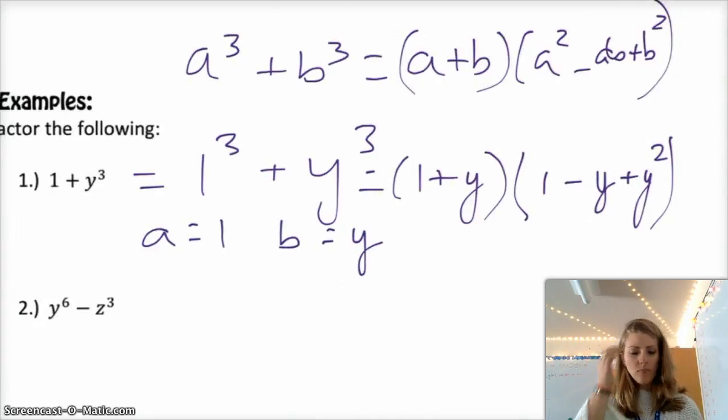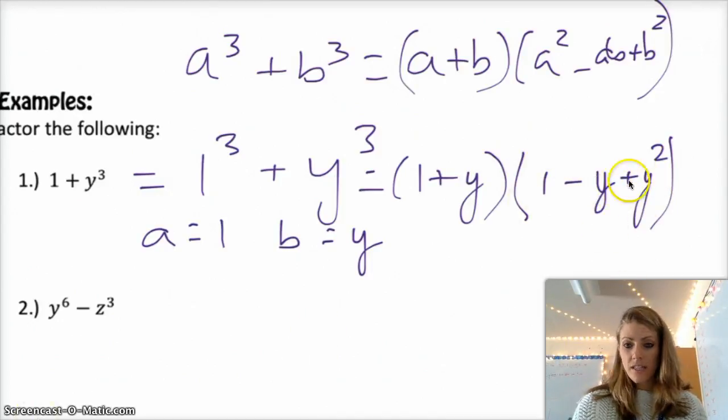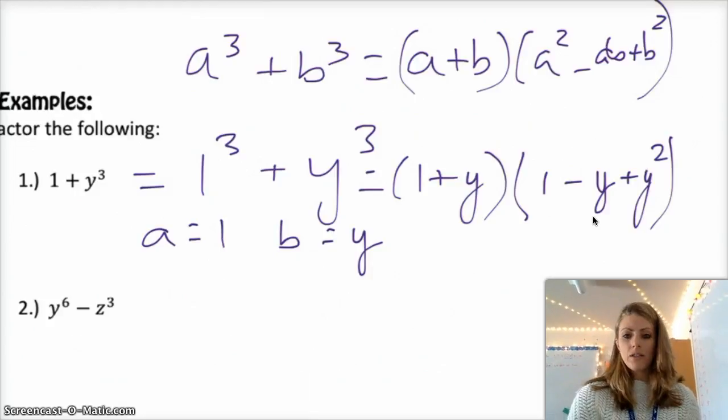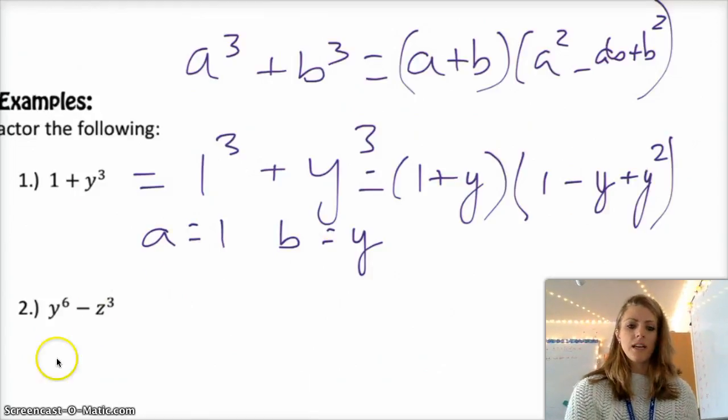So 1 cubed plus y cubed is equal to 1 plus y times 1 minus y plus y squared. And that's it. If you can factor this thing, then you can go ahead and factor it and make it a little bit nicer. So we should check and make sure that's not factorable. But generally speaking, that's kind of how you do it.